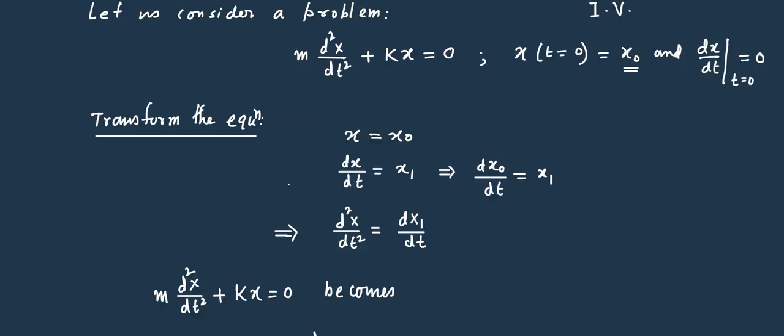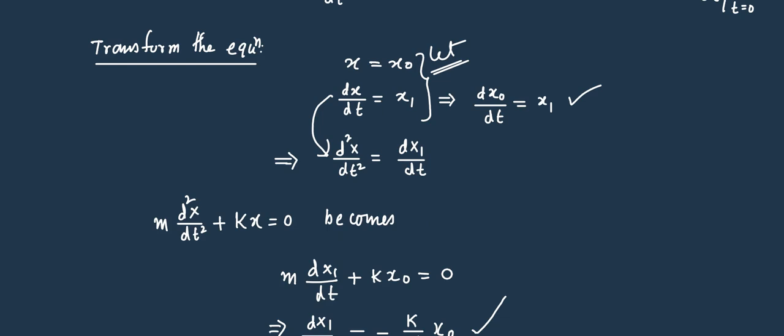Now transform the equation as x equals x0 and dx/dt equals x1. We just assume this. Therefore dx0/dt equals x1, and if you take the double derivative, d2x/dt2 equals dx1/dt, right?